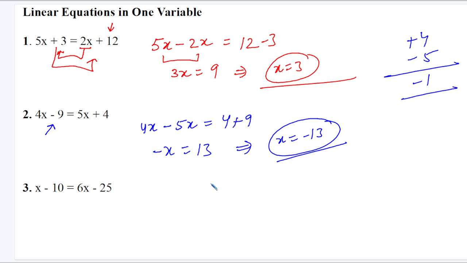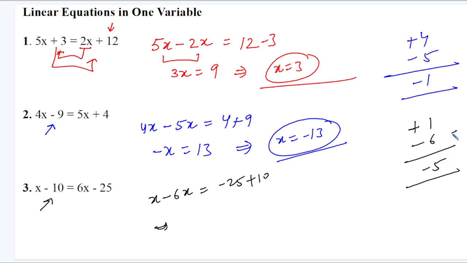Checking the next one. This is x. I'll bring this 6x on the other side, and I have negative 25 and plus 10. It was negative, so it will become positive when taken on the other side. Plus 1 minus 6 is minus 5. The sign of the higher number is taken. Negative 6.